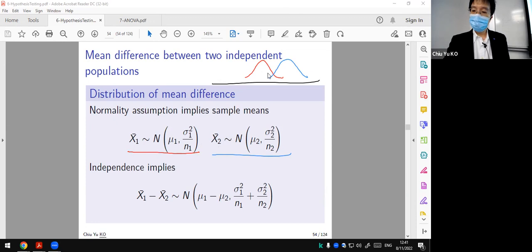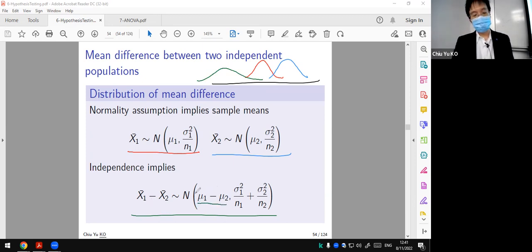What you get is a green. The difference of the means gives the mean of the difference, and the variance will be the sum of the variances. That is something we learned in our topic 4.